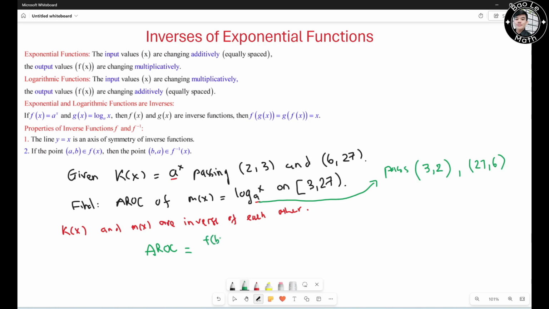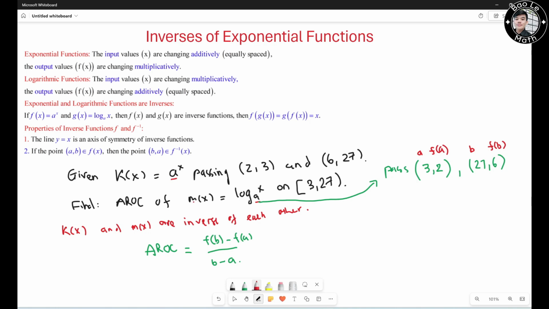Alright, so the formula of the rate of change is going to be f of b minus f of a over b minus a. Looking at this, this is a, f of a, this is b, and this is f of b.